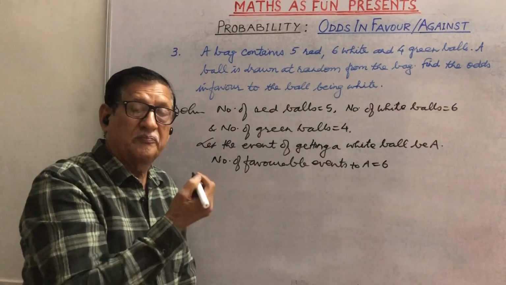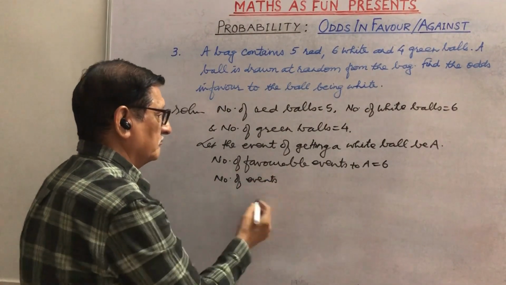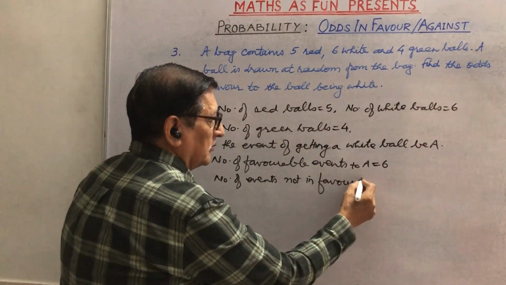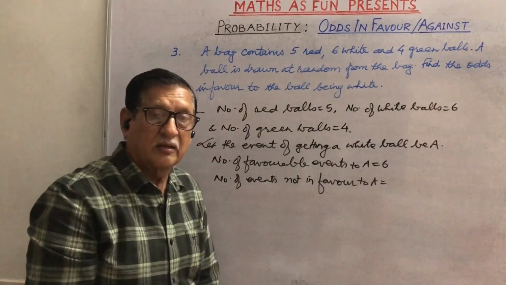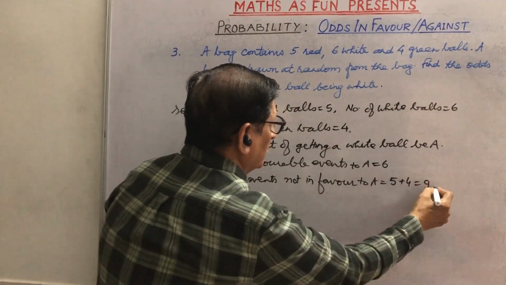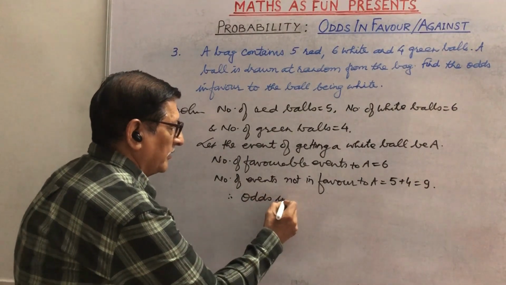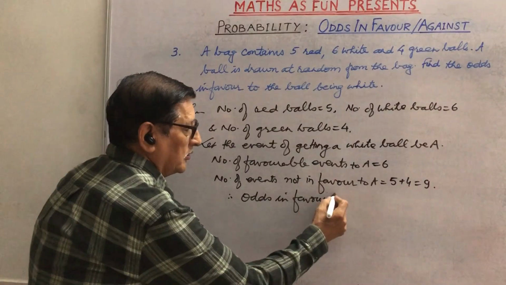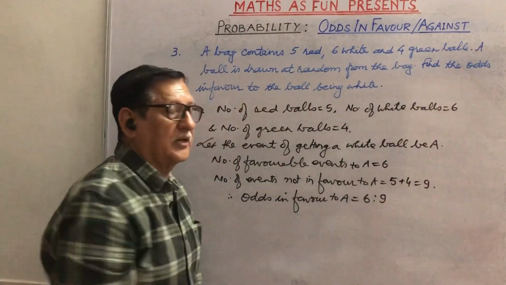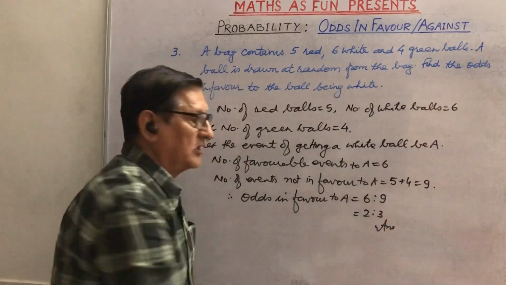It means the number of events not in favor of A will be getting a red ball or a green ball, that is 5 plus 4 equal to 9. So can we say odds in favor of A will be 6:9. That is 2:3. This is the answer to the problem.